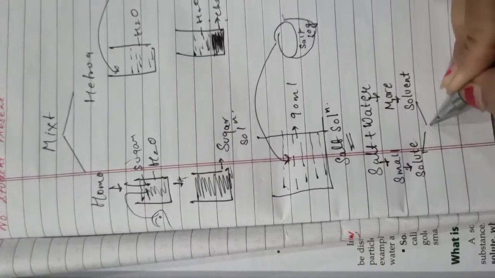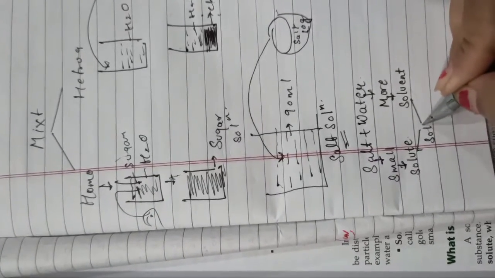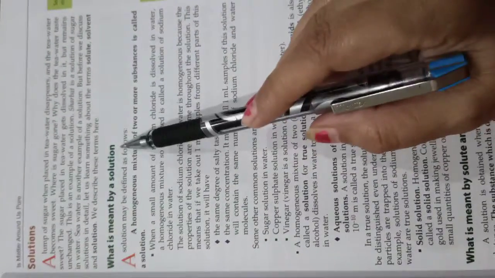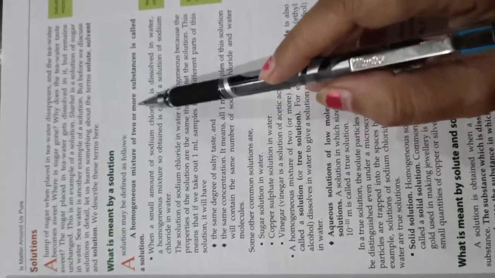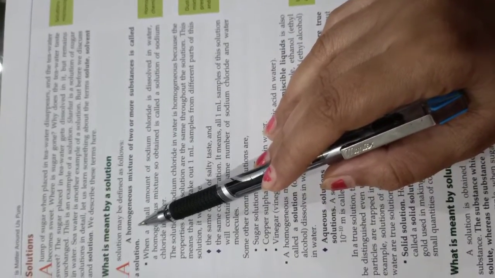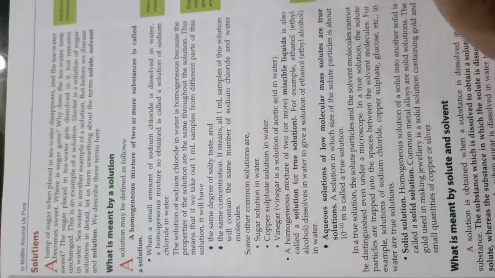Solute and solvent join together to form a solution. So this is the meaning of the solution. See it here now. A homogeneous mixture of two or more substances is called a solution. This I have already told you.